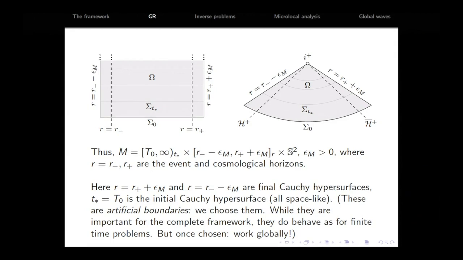But what we do is, first of all, you have an initial surface, this T equals T0, also across the sphere. And again, the Kerr-de Sitter metric is just some explicit metric on this domain. So you have an initial hypersurface, this T star equals big T0. That's where you would impose initial conditions. And you have final Cauchy hypersurfaces.